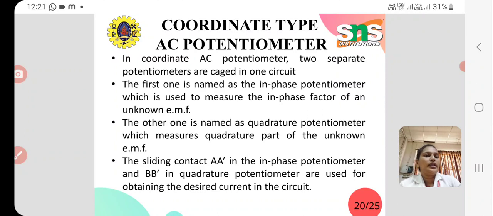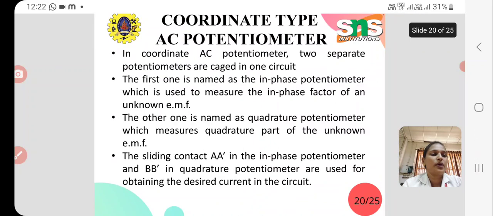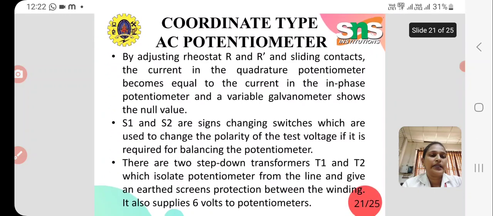In a coordinate type AC potentiometer, we have two separate potentiometers which are caged in one circuit. The first one is the in phase potentiometer, which measures the in phase factor, or the real factor, of an unknown EMF. The other is named the quadrature potentiometer, which measures the quadrature part of an unknown EMF. The sliding contact A dash in the in phase potentiometer and B dash in the quadrature potentiometer are used for obtaining the desired current.